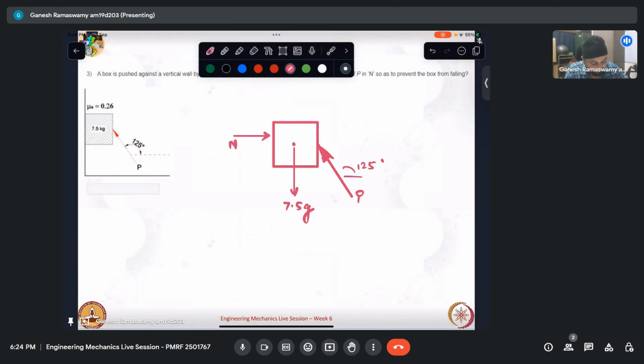So let me call this N. And then the tendency of motion is such that friction is preventing it from falling.